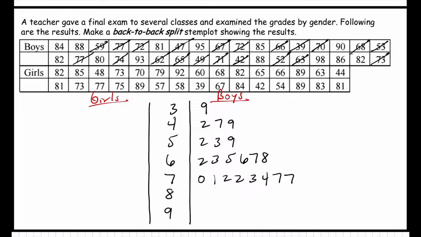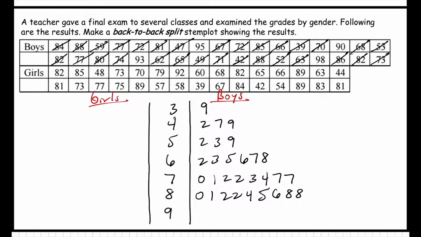80, we got 80, 81, 82. I have two 82s. 84, 85, 86, 88, and that's it.